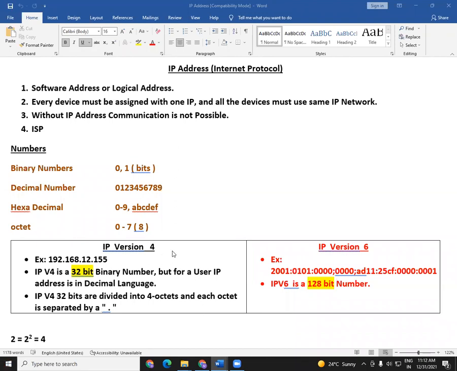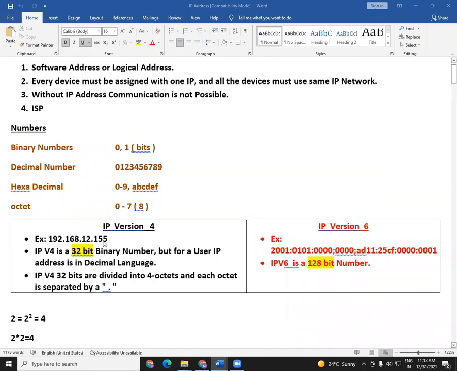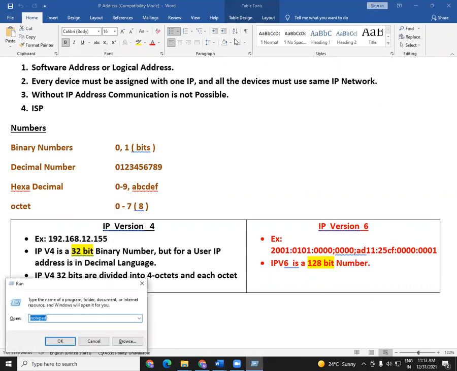Now coming to IP version 4. This is an example of IP version 4: 192.168.12.155. I repeat, friends, that is actually an IP version 4 number. That is a correct number.